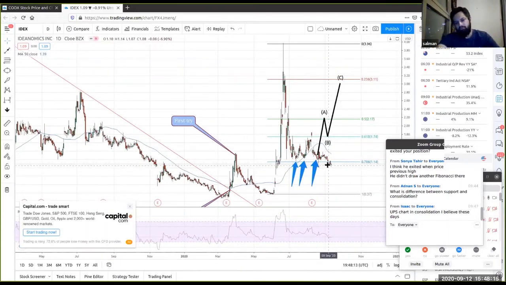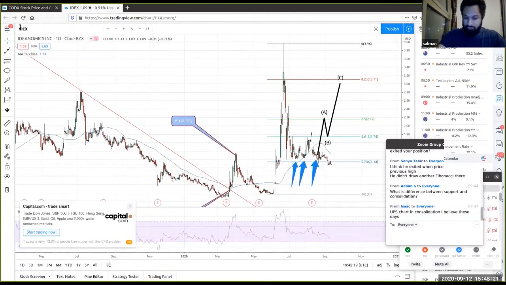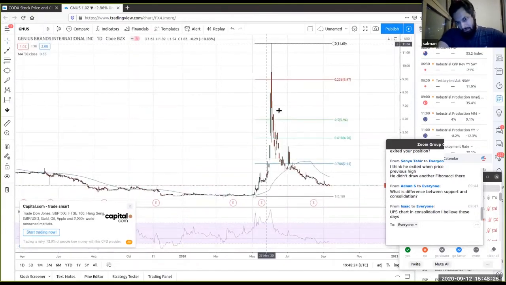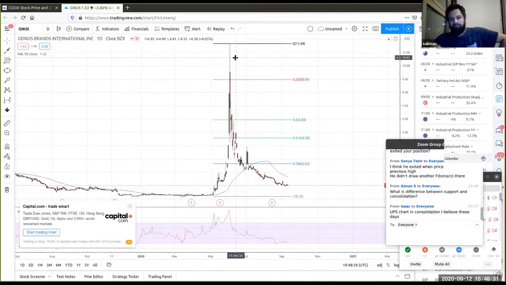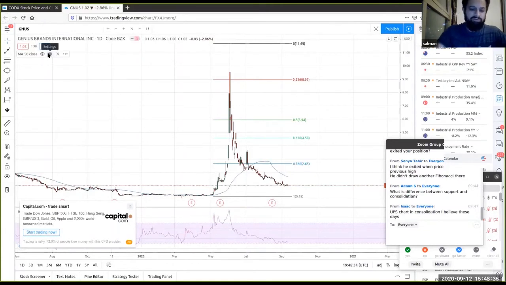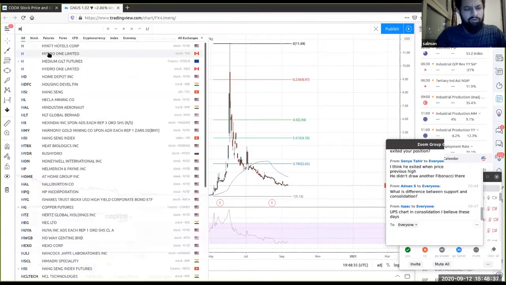It's not showing anything, but something like this has appeared on Ideanomics and Genius, but Genius has gone bad, so nothing here. It's gone well below 7 at 6, so there isn't much in it at the moment, but the peak had appeared here also, and on many other stocks. Hexo we will talk about anyway.